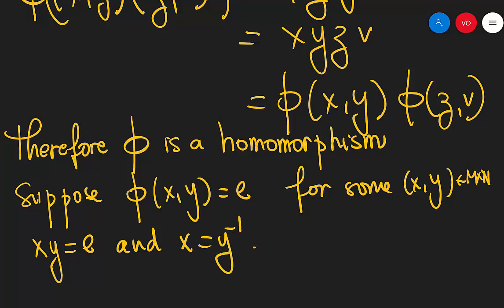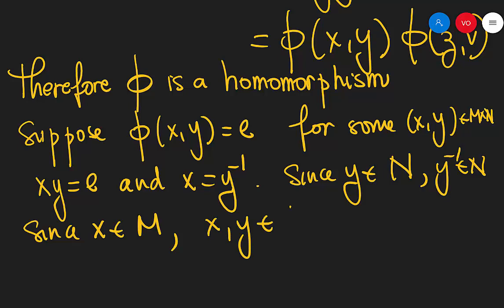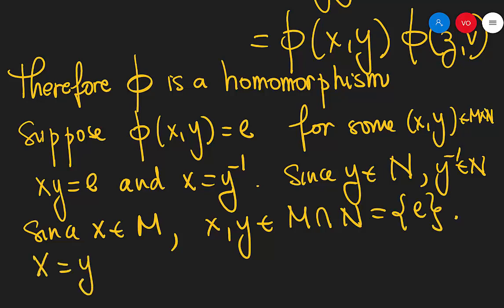But since y is in N, y inverse has to be in N, and since x is in M, this shows that both x and y are elements of M intersect N, which only contains the identity. So x must be equal to y inverse, which must be the identity, and this means that x must be equal to y must be equal to the identity, right?